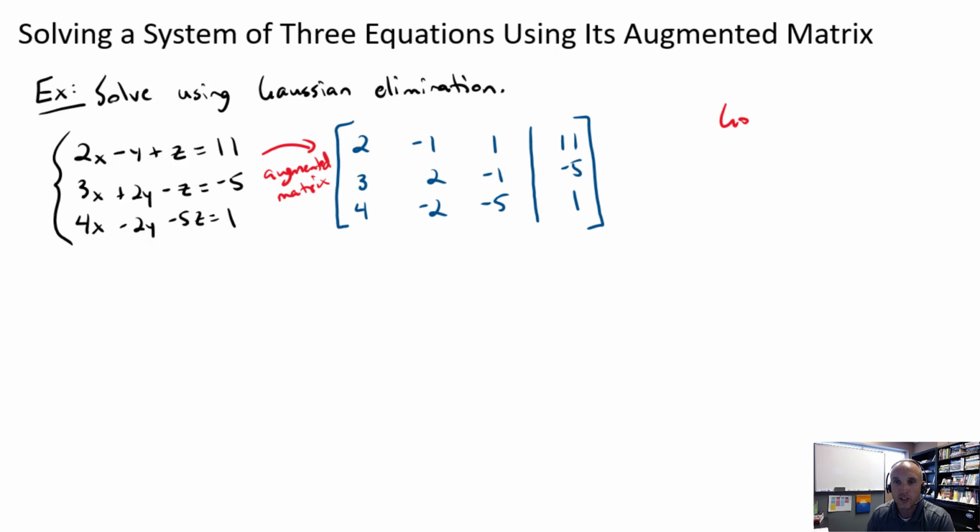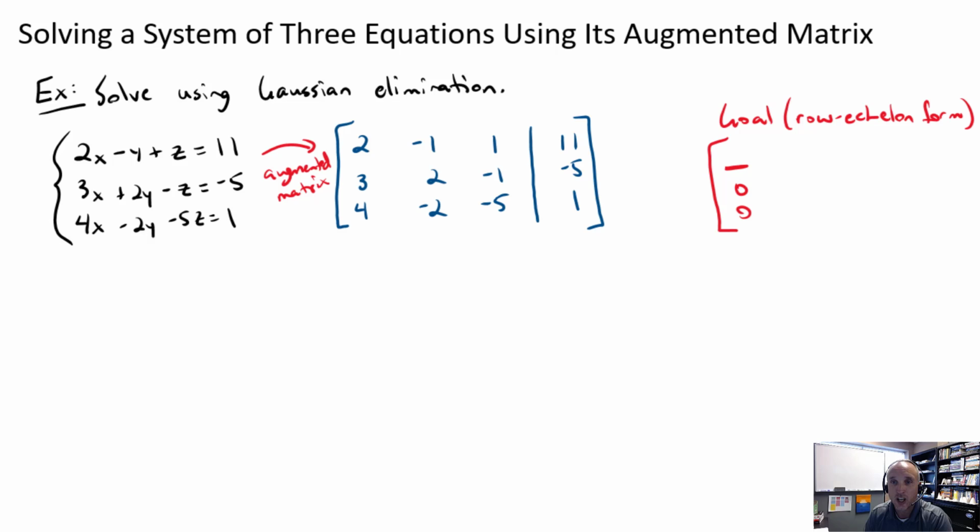So our goal is what we call row echelon form. We're going to modify this table of equations into a new table of equations where it looks something like this. Our first column will be some number, and then below it we'll have zeros.